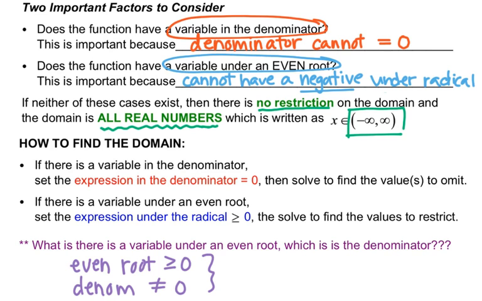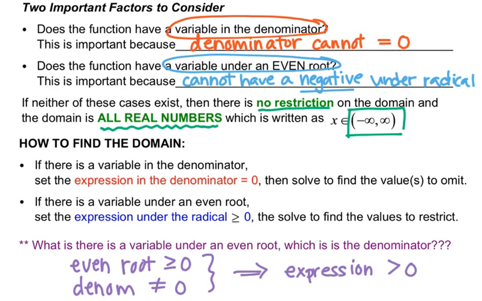So I have one that says we can and one that says we can't, and we can't be both of those at the same time. So in this situation, we would say that expression would have to be strictly greater than 0. So this is just the intersection of our two other rules.